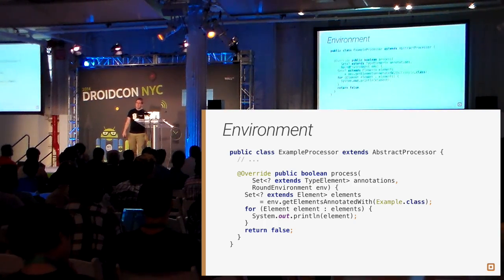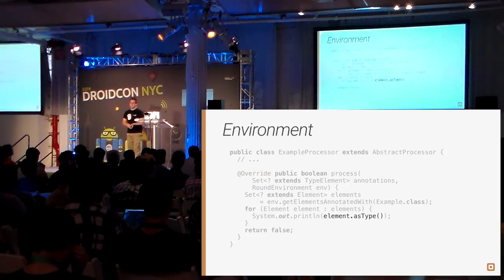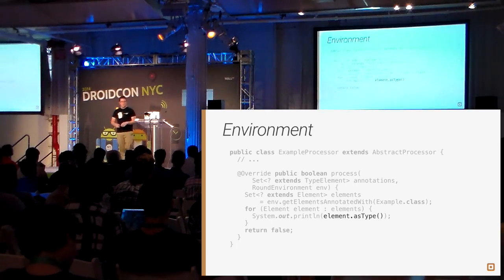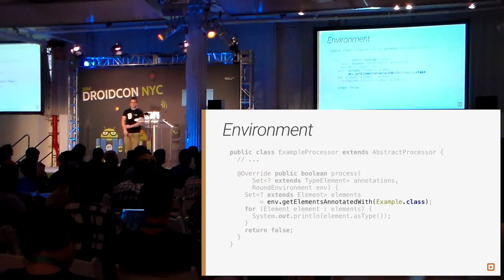So when this printed out, I would only get the class name, basically. So what we need to do is switch this and pull the type that the element is going to represent, pull that up, and now when that's logged, we'll have the com.example class.